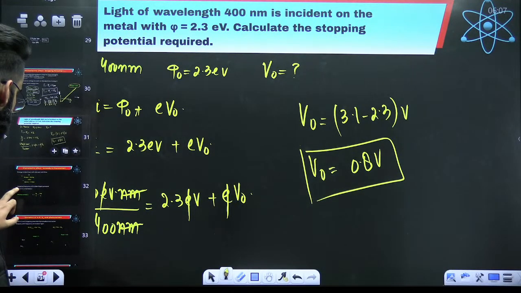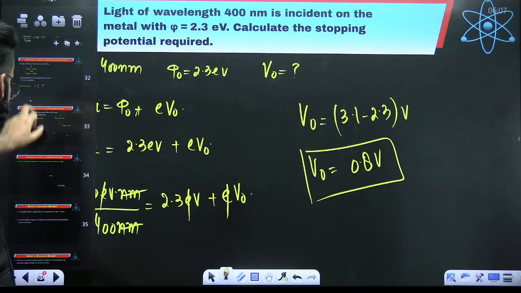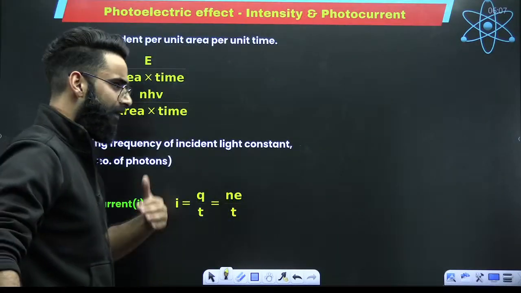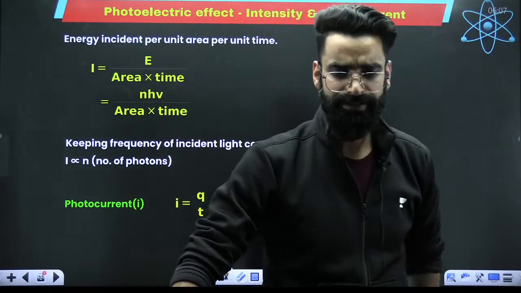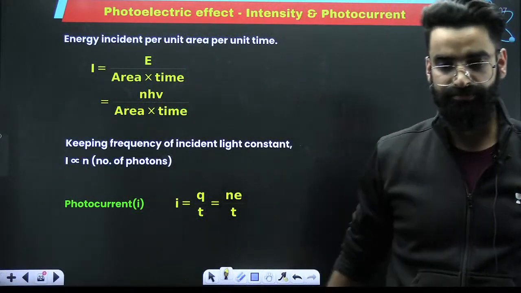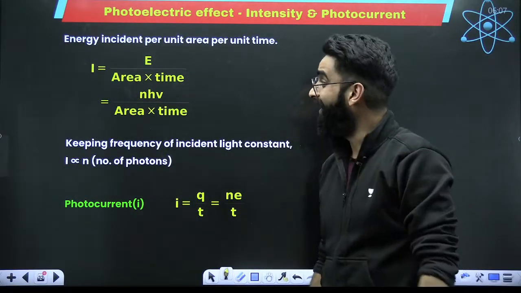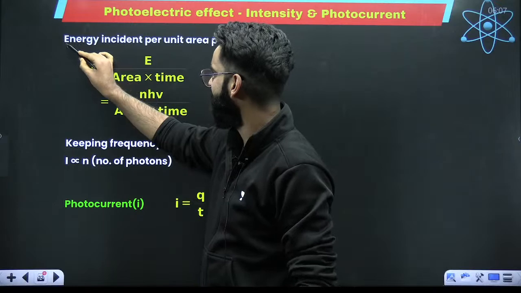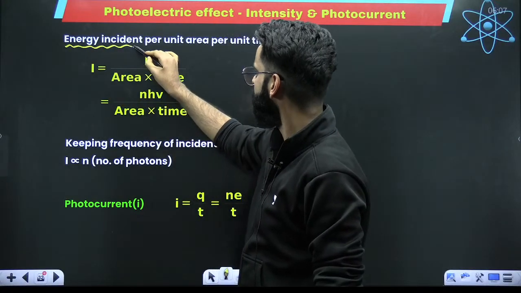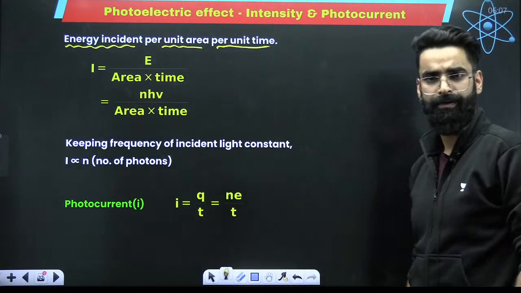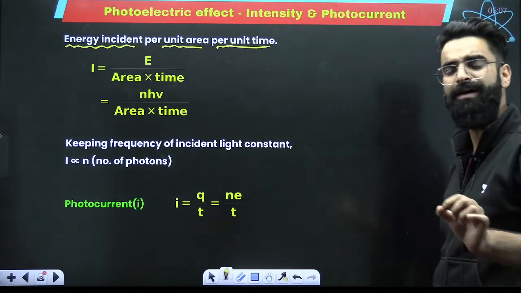Right? Now, my dear students, there are a few more things. There are just two to three things more in photoelectric effect. Do you know what is intensity of light? How do you define the intensity of the light? Intensity is defined as energy incident per unit area per unit time.